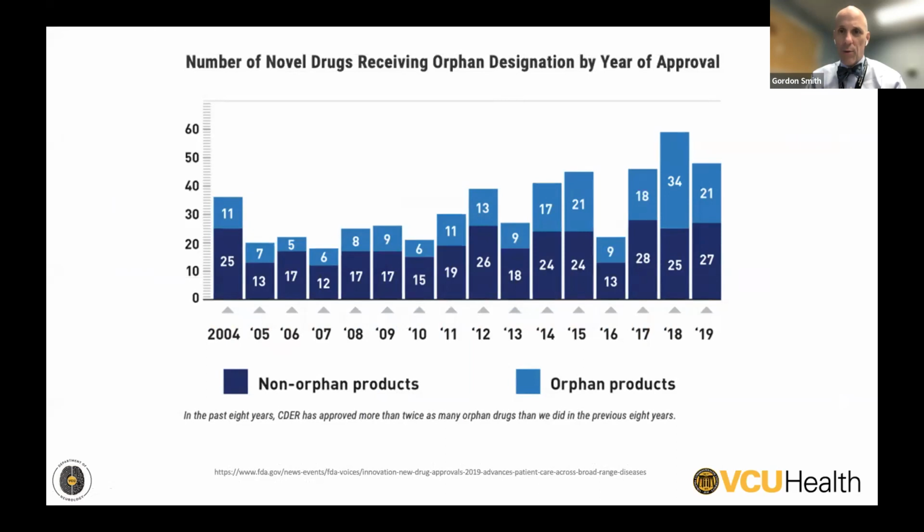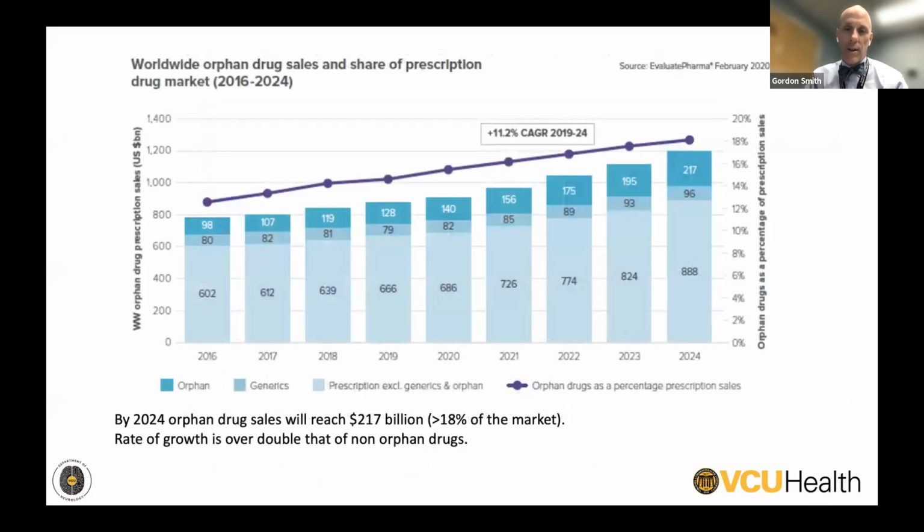So these are approvals year by year. And you can see that over the last 3 years, for instance, about half of these are for orphan products and half are not. And so while orphan diseases may impact 10% of us, they account for about 50% of indications for new drugs. And so this puts some numbers in terms of cost to this.